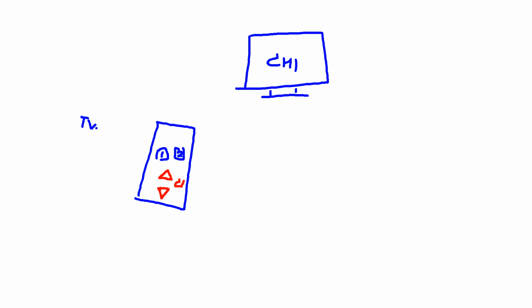The remote control also has channel up and down. For example, if the current channel is channel 1, when you press up, it changes to channel 2. When you press up again, it changes to channel 3. Note, you apply the same input, right?